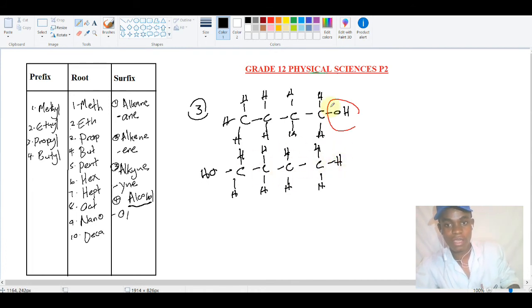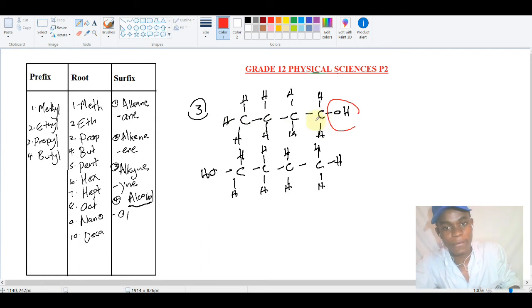We have this and then we have that. Because they both have OH on their first carbon. So remember, we start numbering from the side which is closest to the functional group, or in the case of alkanes, you start numbering from the side which is closest to the first substituent, right? So now let's see, we want to number here. We're not going to start this side, we'll start this side.